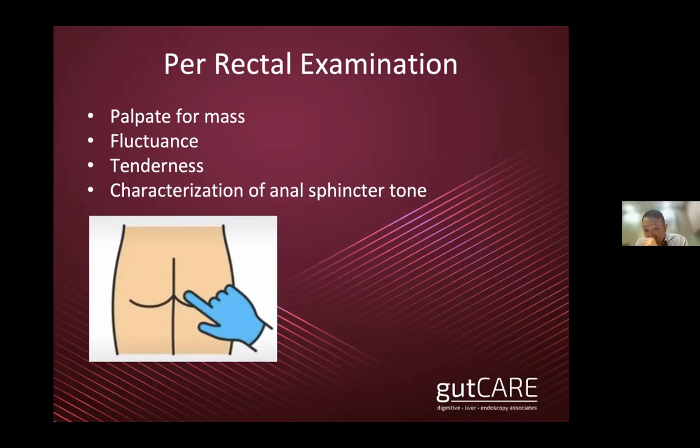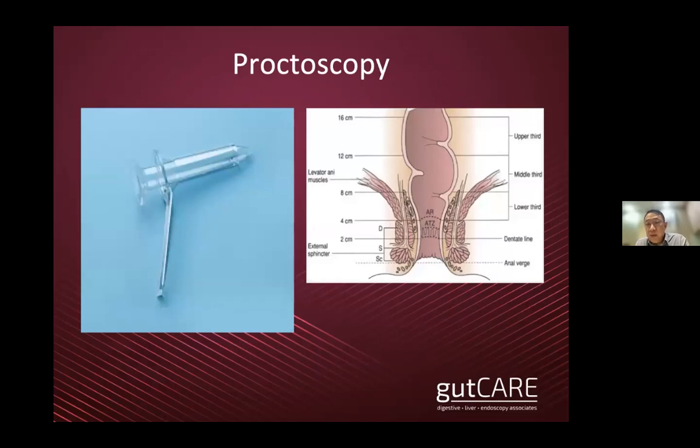A lot of the time, piles is associated with increased anal sphincter tone, so you feel that it's very tight. When that happens, when you carry out the next part of the examination with proctoscopy, you do have to warn the patient that it can be a bit uncomfortable, because when the anal sphincter tone is tight, this is a bit uncomfortable.